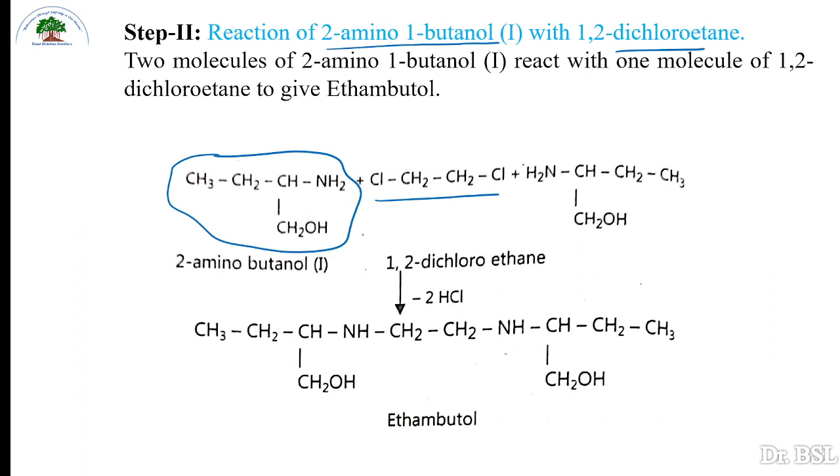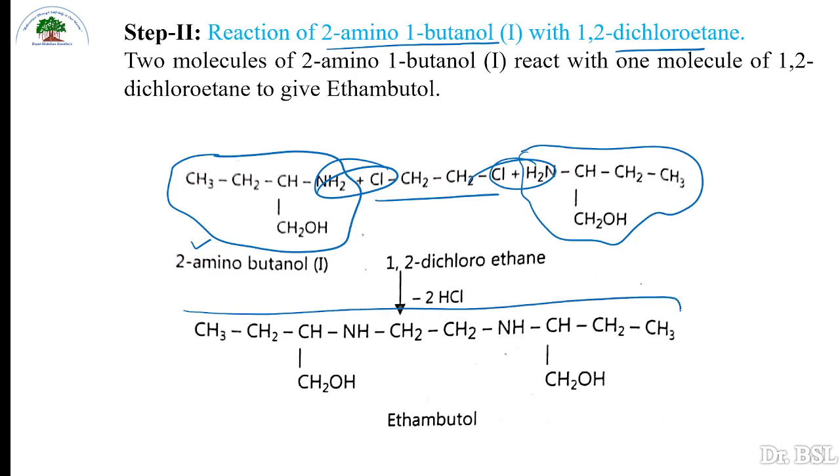But here 2-amino-1-butanol is used twice in mole proportion as compared with 1,2-dichloroethane. That is, two molecules of 2-amino-1-butanol react with one molecule of 1,2-dichloroethane. A direct condensation reaction takes place, and one molecule is formed, that is ethambutol.